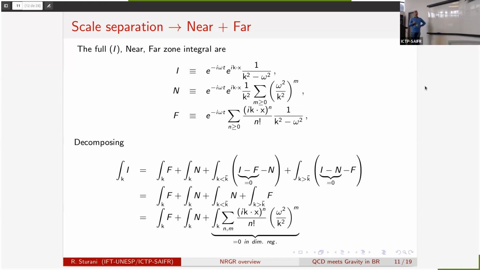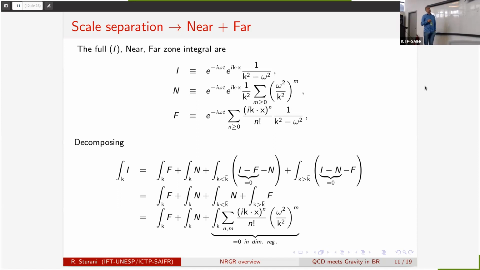Is that the full theory is actually the far zone approximation theory integrated over all momenta plus the near zone approximation integrated over all momenta. Again, this is far from trivial. It's just a very toy simplified demonstration, but it grasps the idea that you get exchange of potential mode integrated over all k from 0 to infinity, and integration over far zone modes, so multipoles with the full propagator, again integrating over all k.